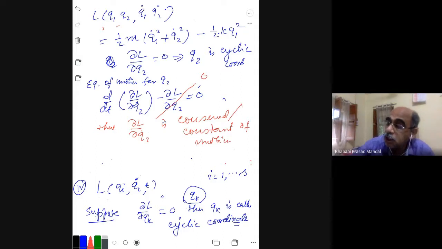Because d/dt of del L del q2 dot is equal to 0. A total derivative being 0 means that it is a conserved quantity, does not change with time. Constant of motion means as time evolves, it does not change. So this quantity is very important in that sense. I found a quantity which does not change.